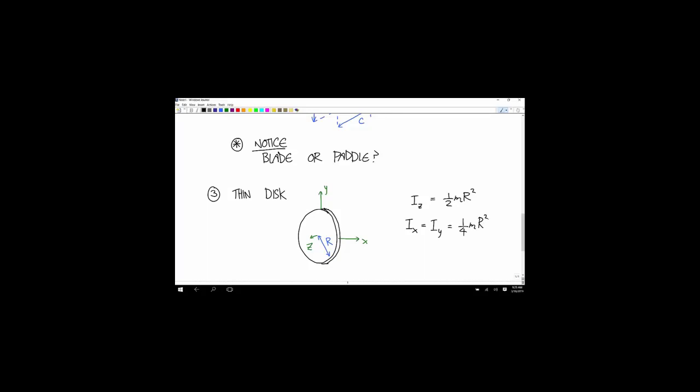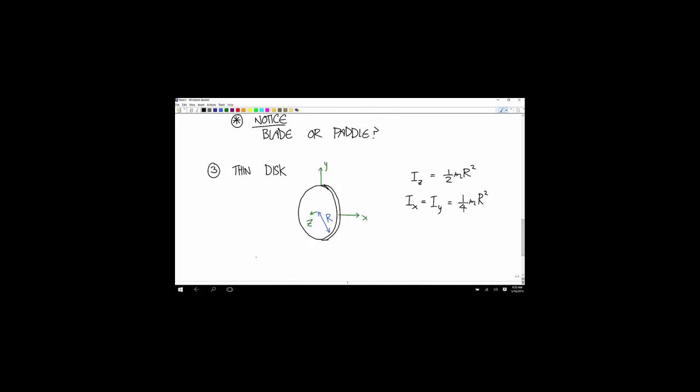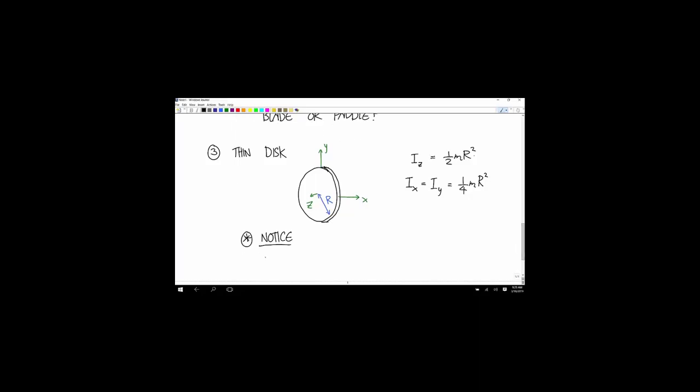So it turns out it's actually a little easier to get a disk rotating like a paddle again than it is to get it rotating like a rolling wheel or like a blade. So notice, think, is it rolling or paddle?